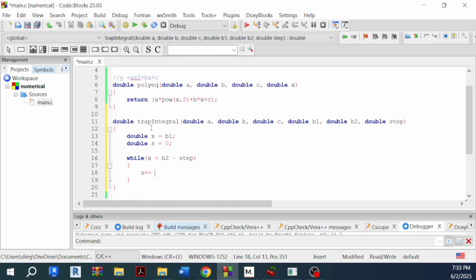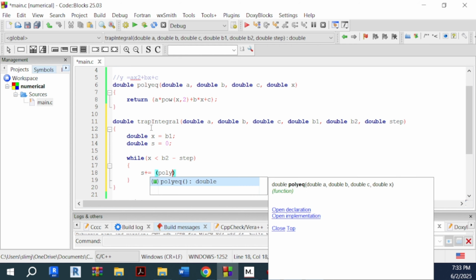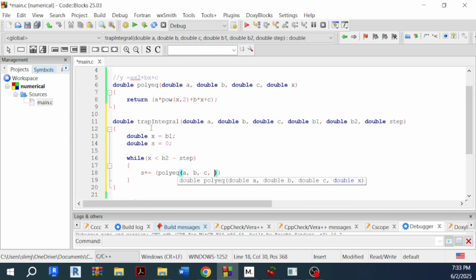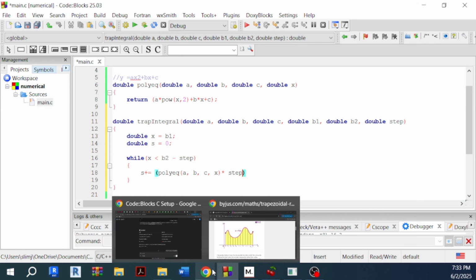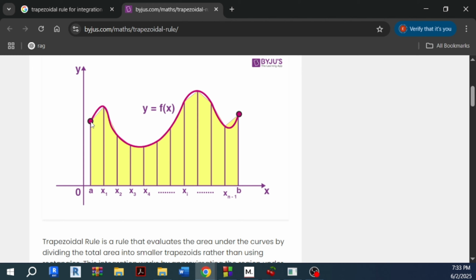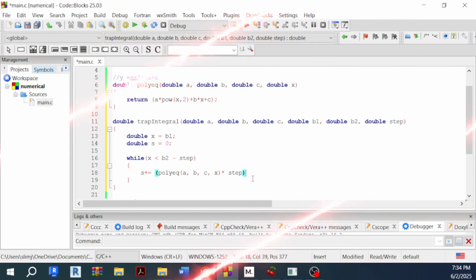s plus equals the area of the rectangle, which is poly(a, b, c, x) times step. That is the area of the rectangle beneath, as we mentioned, at the first point: this height times the width, or the step. Plus the area of this triangle, whose height is the height at x1 minus the height at A, times the step divided by 2.